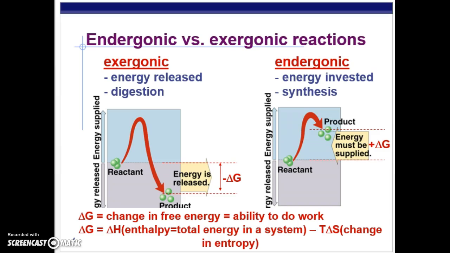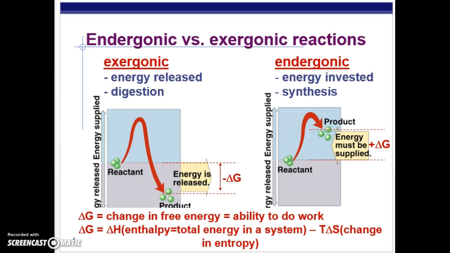Another way to say that is that for every mole of glucose, 180 grams of glucose, that you break down by respiration, there are 686 kilocalories of energy available to do work in a cell. So the products have 686 kilocalories per mole less free energy than the reactants started out with.